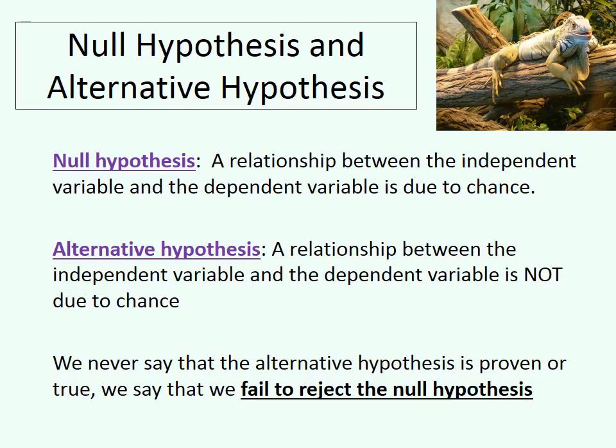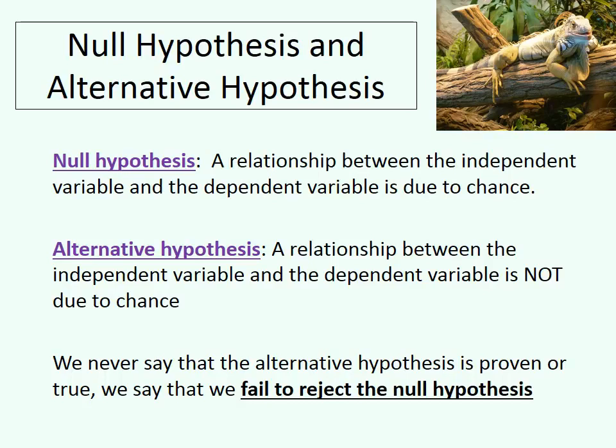When you are testing a hypothesis using inferential statistics, what you are actually testing is whether a relationship between an independent and a dependent variable is due to chance or unlikely to be due to chance. So within inferential statistics, we separate a hypothesis into two components. The null hypothesis, which states that a relationship between an independent and a dependent variable is due to chance.